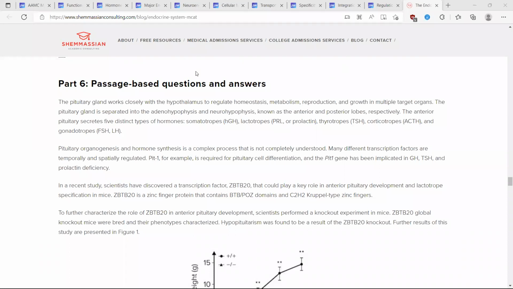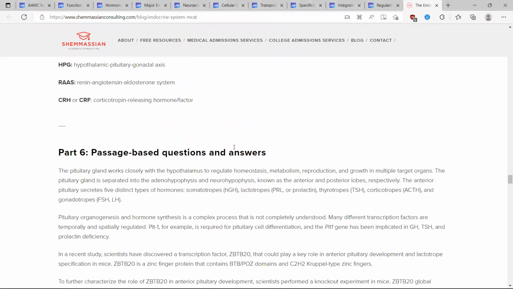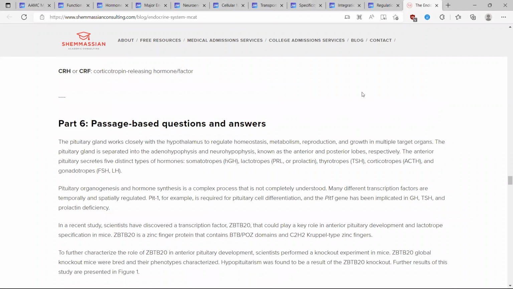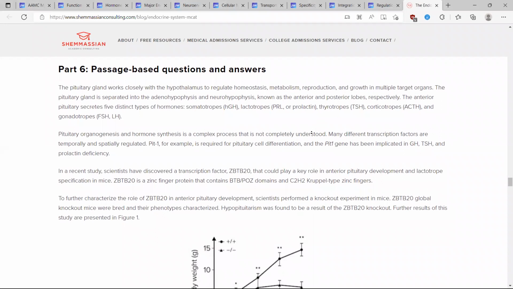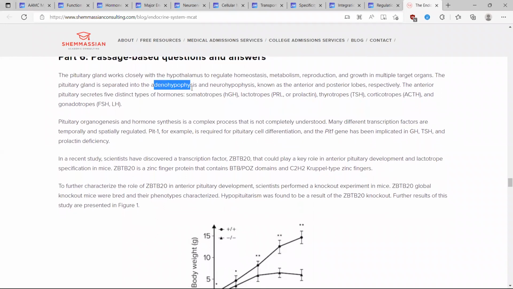Okay, so pituitary gland. The pituitary gland works closely with the hypothalamus to regulate homeostasis, metabolism, reproduction, and growth in multiple target organs. The pituitary gland is separated into the adenohypophysis and neurohypophysis, known as the anterior and posterior lobes, respectively.